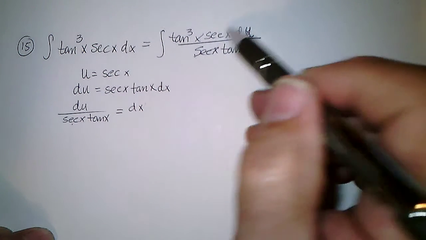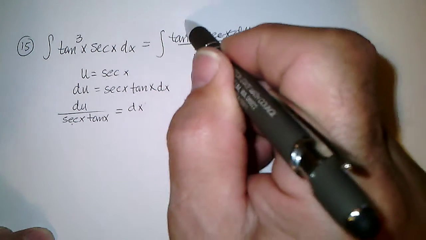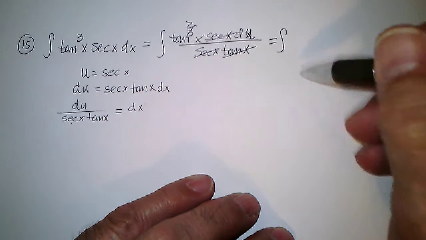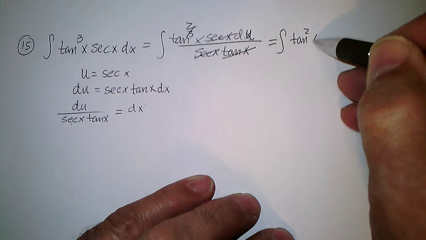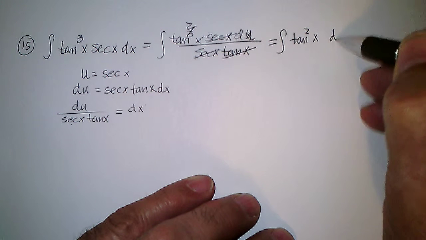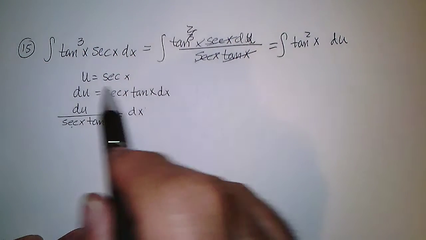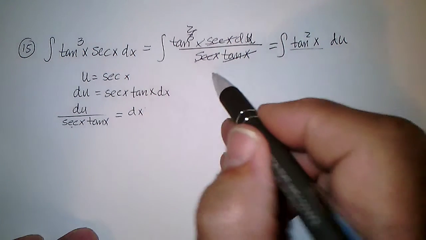So the secants cancel. One of the tangents cancel. So I have the integral of tangent squared x du. Well, u was secant x, so I need to write this somehow with secants.